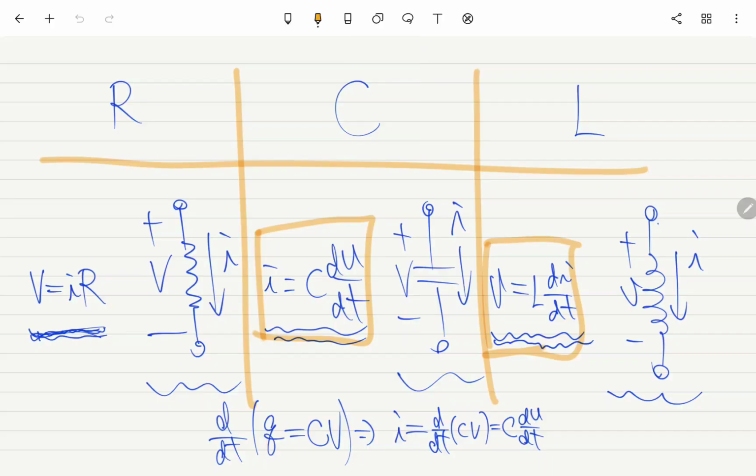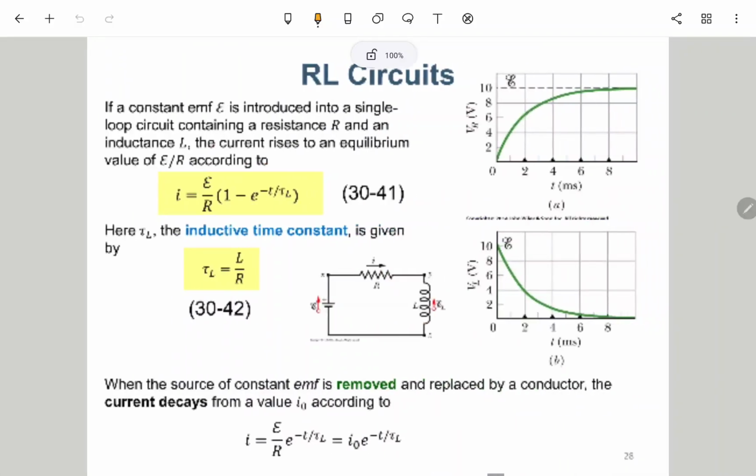Actually, we will use these three, of course these are the three fundamental circuit components. So we will actually use these three formulas in chapter 27, chapter 31, to do more calculation later on.